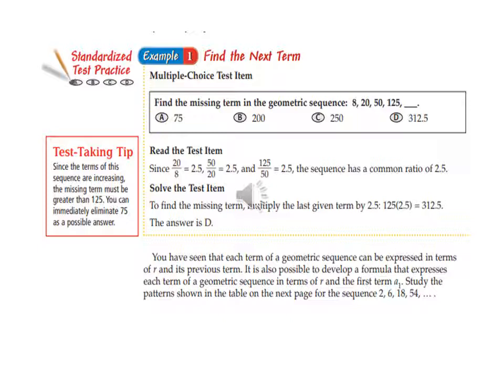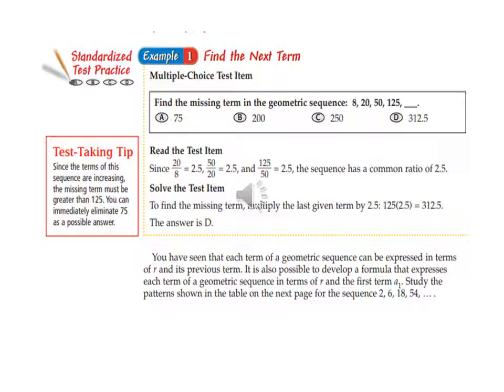To find the missing term, multiply 125 by 2.5, which gives 312.5. The answer is D. It's very important because the final exam will be multiple choice. This is a multiple choice test item.